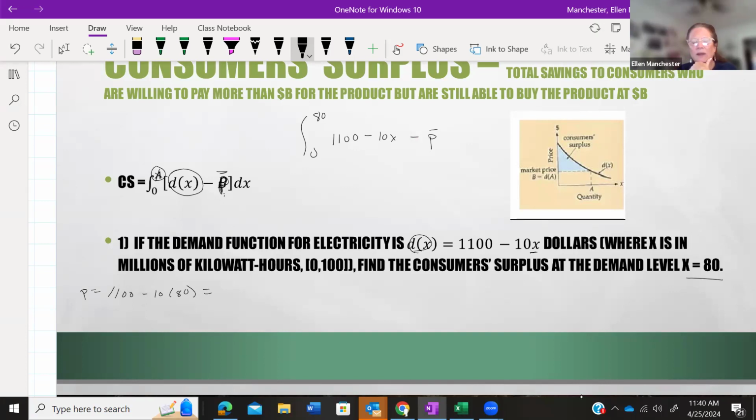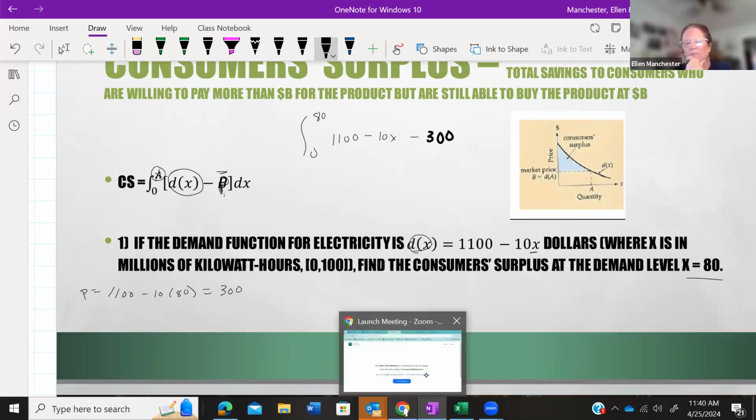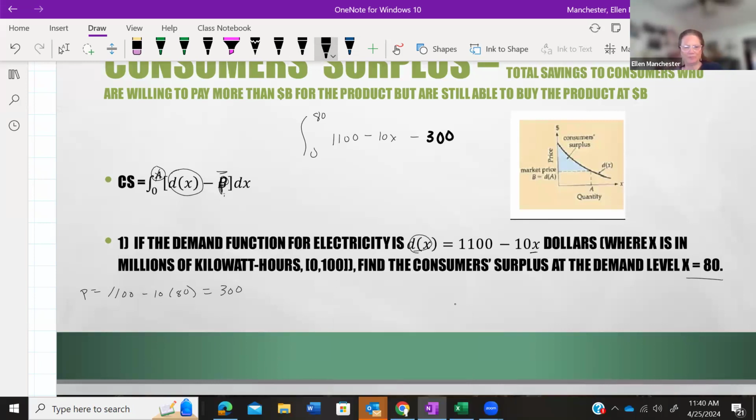So 1100 minus 800 is 300. So now we're good to go. There's your price. Okay. All right. So now go from there. Once you're done evaluating, use your calculator, then put your answer in the chat, and we'll check it.